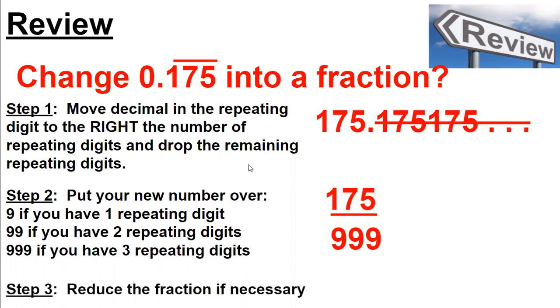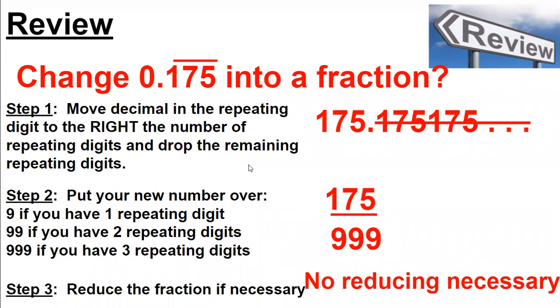So I do not have to reduce my fraction. I am finished. I have no reducing necessary. I have just changed 0.175 repeating into a fraction. So that means it is a rational number. It can be written as a fraction.